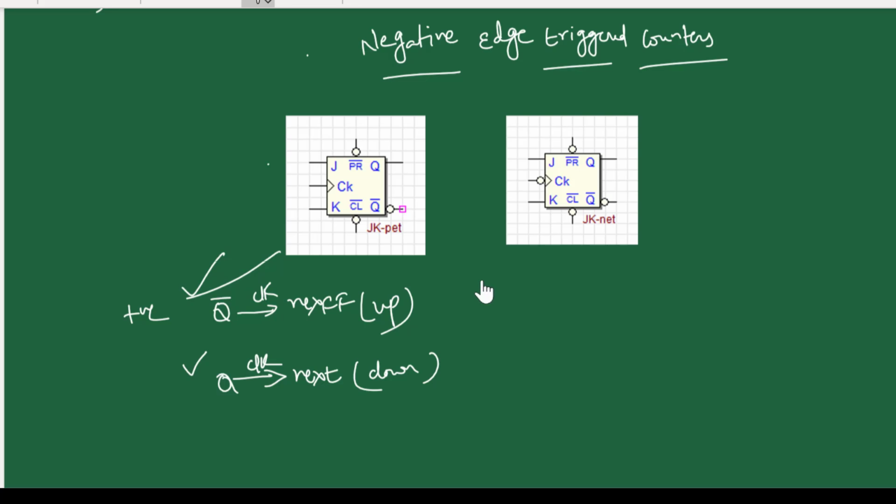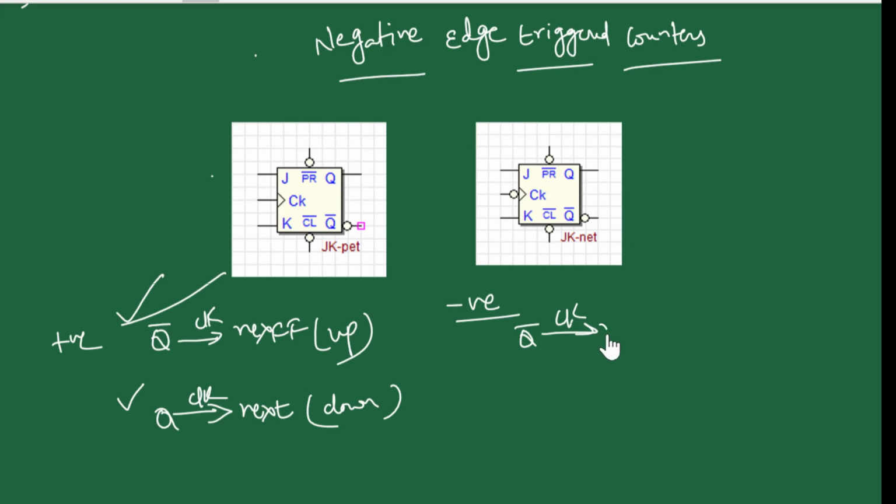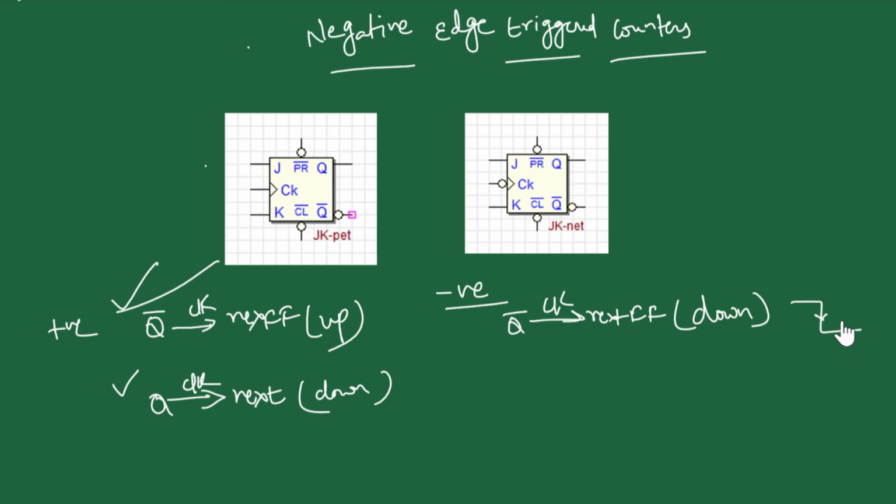In case of negative edge triggering, instead of positive edge triggering, it will be the opposite of this condition. When you connect Q bar as a clock to the next flip-flop, it is going to count in the downward direction, because your second flip-flop will respond whenever the clock goes from 1 to 0.